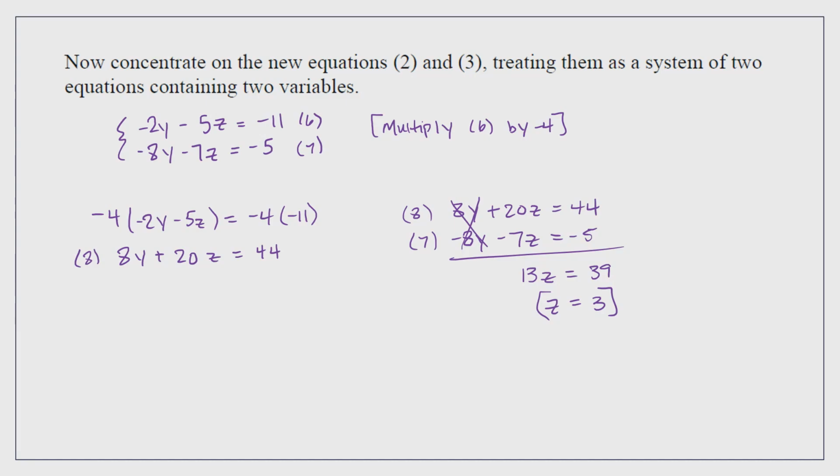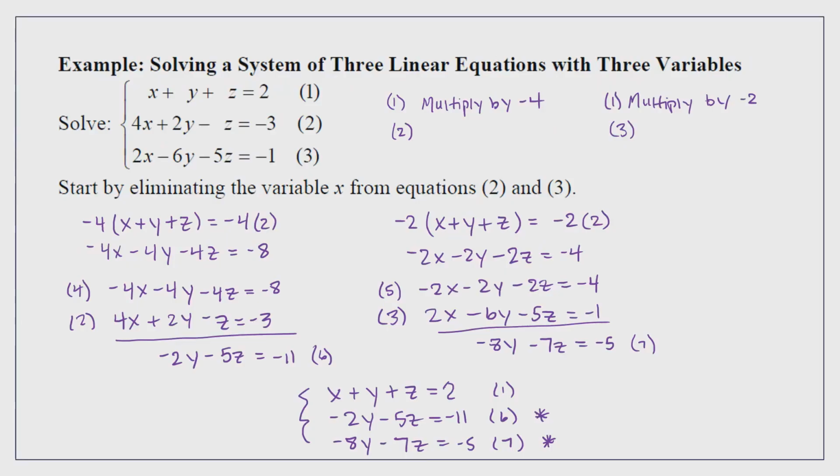So to back substitute, we're going to take 3 and substitute it into either equation 6 or equation 7 to find the value for y. Then we will have the values for z and y, and we will come back to our original equations up at the top and choose one to substitute in z and y in order to find x.